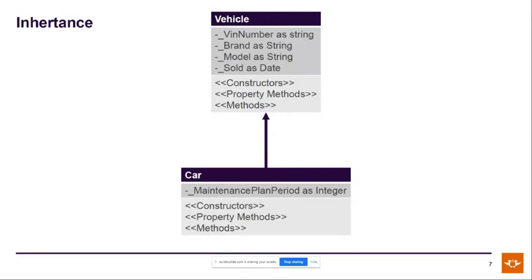But if you look in terms of the information being extracted, vehicle has the information required for all vehicles, whether it is a bike, a car, a boat, potentially a plane. I know a plane has a bit more information, but you can derive vehicle and add more information to that.